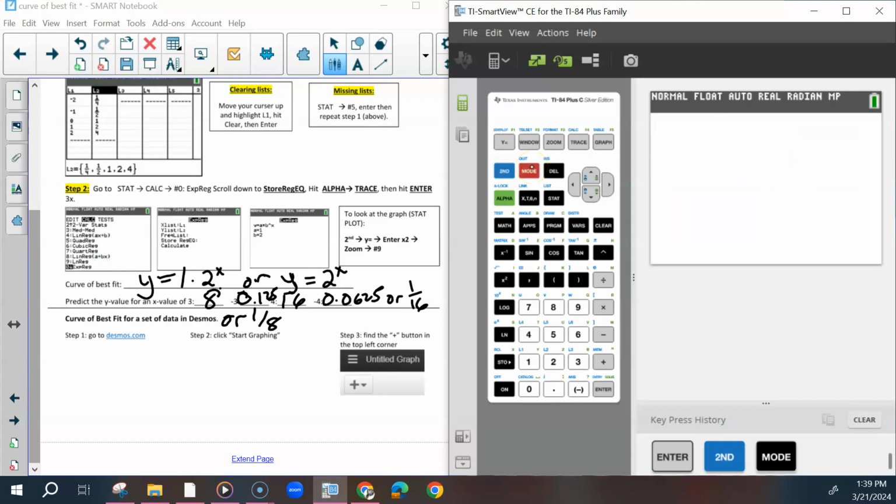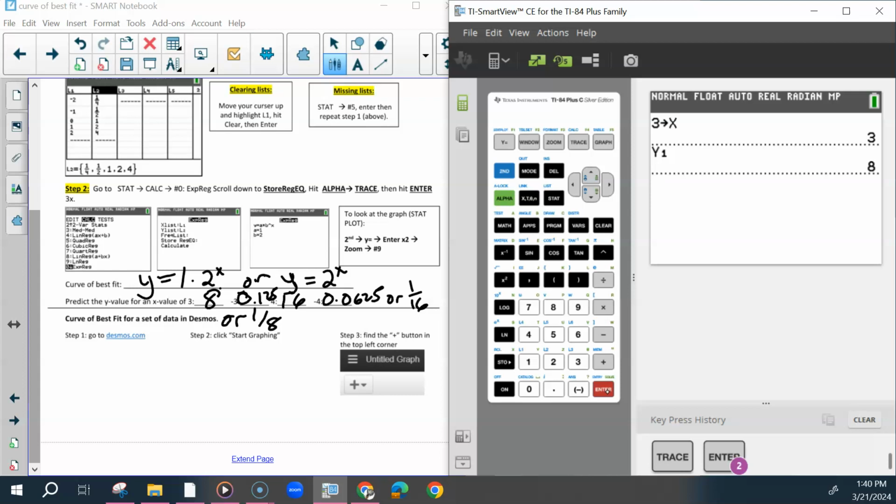Or you could go to the main screen and set one of the numbers to be x. So let's say I put 3 store x, and then I grab my equation from alpha trace. Then it's going to put x into my equation and solve that for me. So you have different ways to do that.